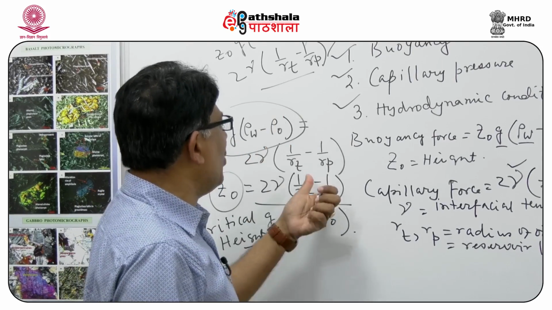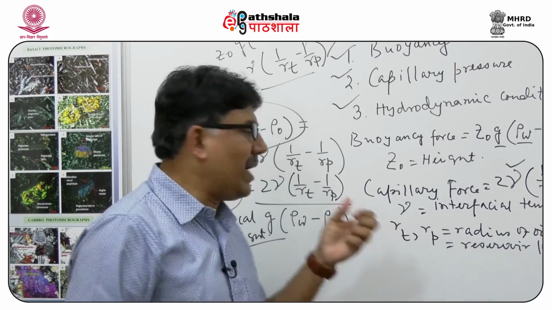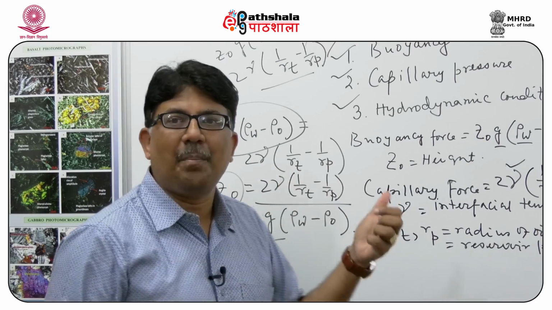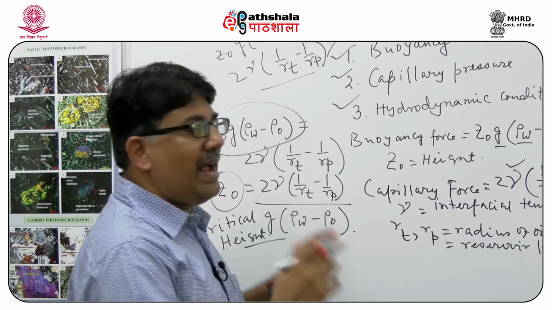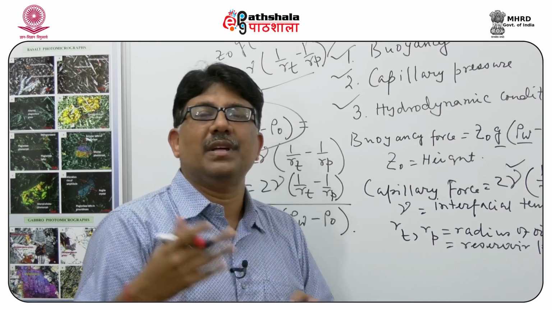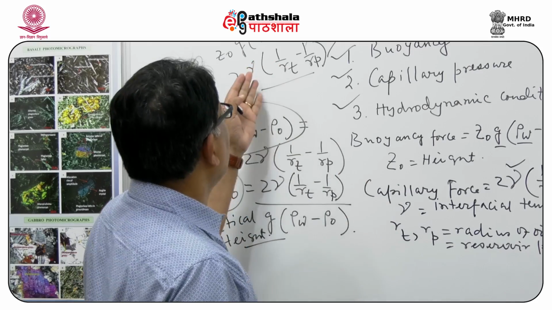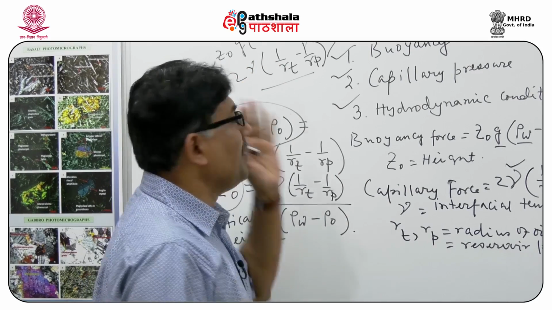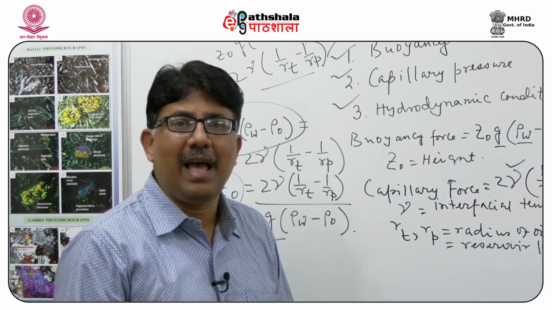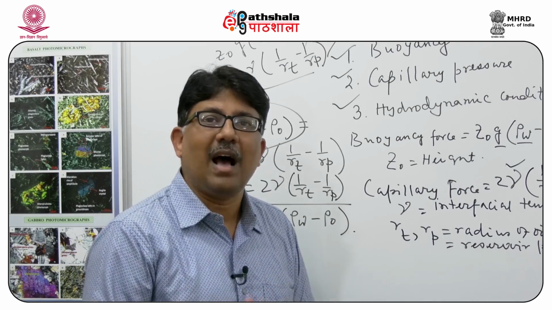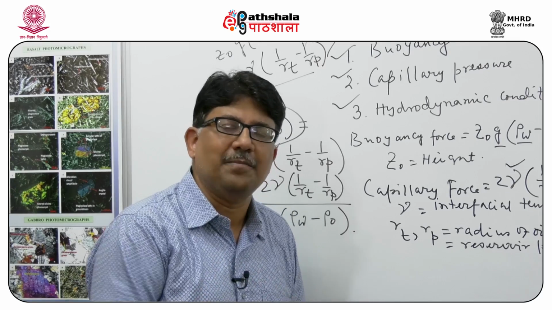In one case, you have equilibrium between the two and you get the critical height of the oil droplet because of the buoyancy effect. In another, the buoyancy force is more than the critical, and in the third, the capillary force is more than the buoyancy force. All three cases define how buoyancy will be active on the oil.